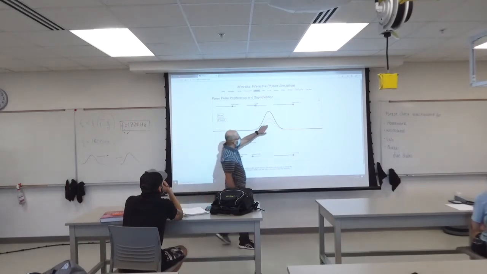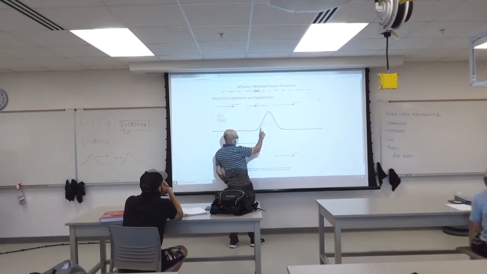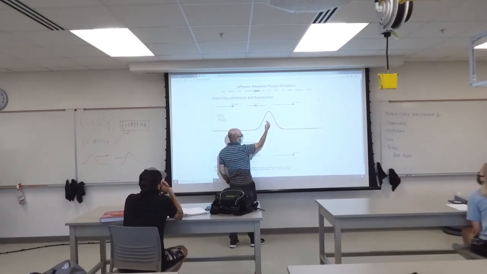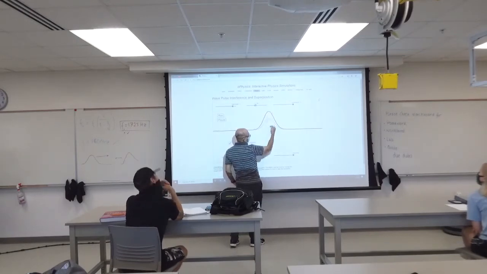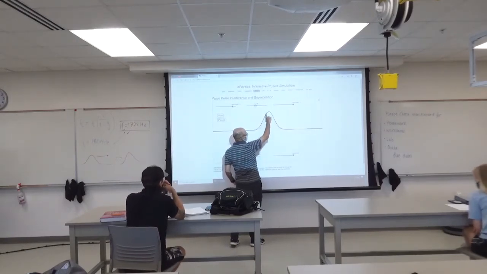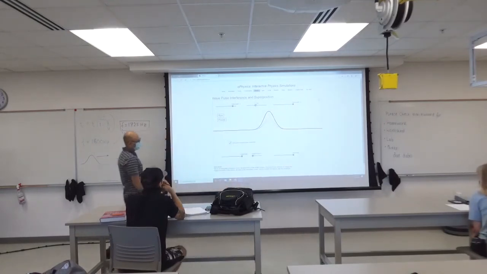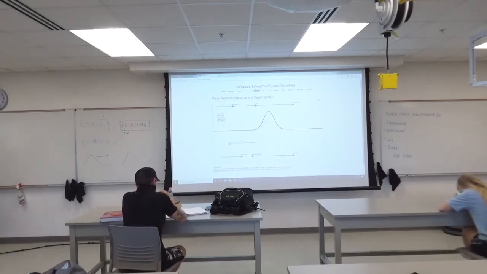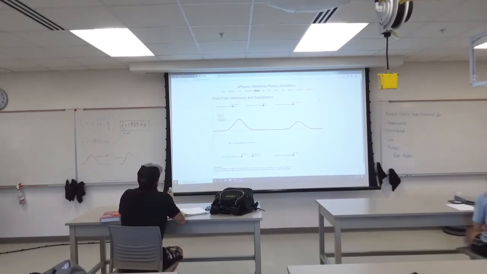You have this orange wave and blue wave, and this wave has that height and the blue wave has that height. If you add these two heights, you get that height. So you're adding the heights at each and every point, and then you get this resultant wave. That's the superposition. So you're adding two waves to get a bigger wave. Now, what happens after? They will move away from each other, like they never met. So that's what happens.